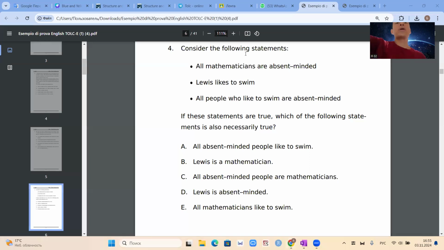There can be only one right answer. You're writing C, D, and E true, but in fact only one is correct. So you need to choose one.